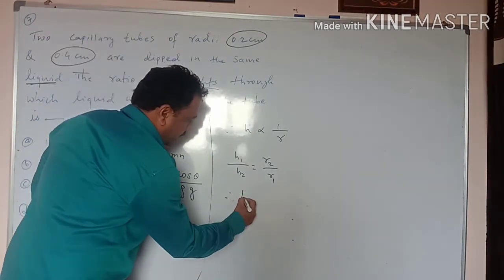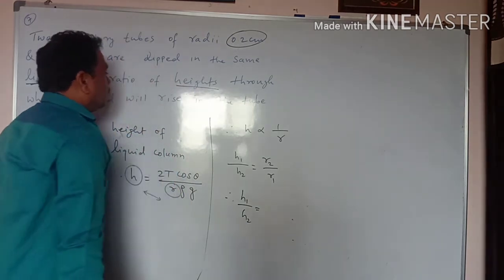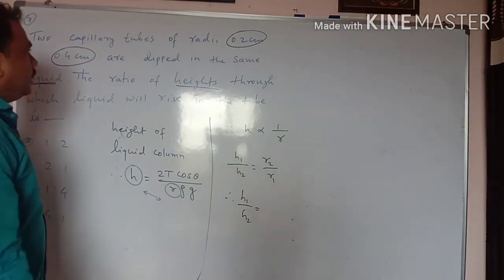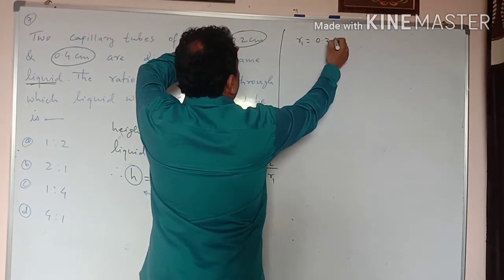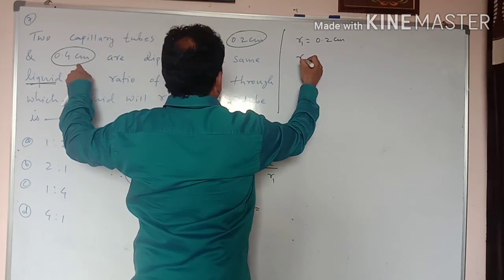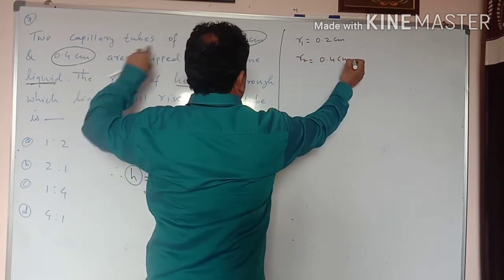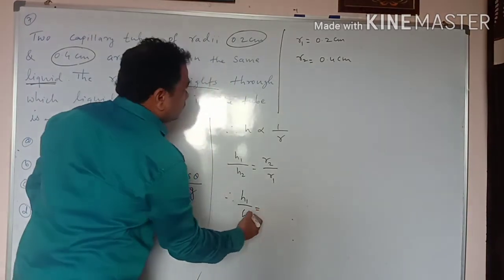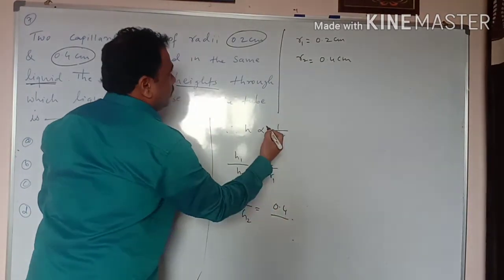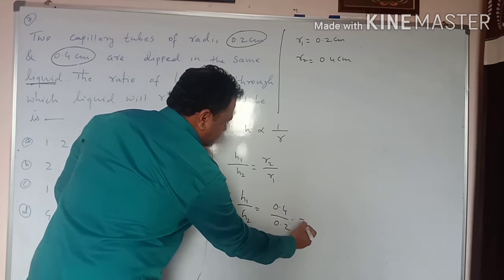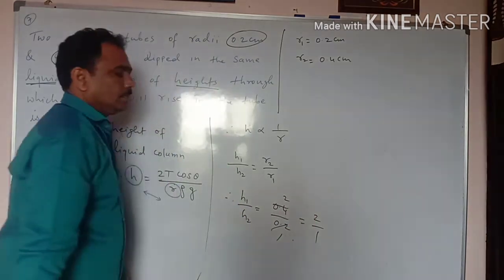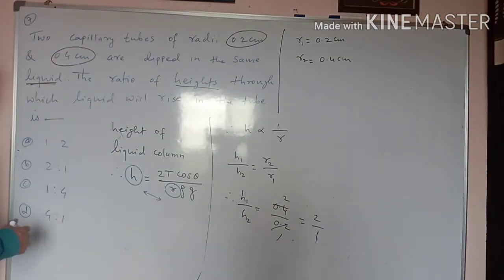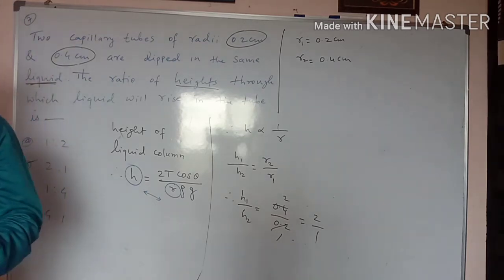So h1 by h2 is equal to r2 by r1. Given things: r1 is 0.2 cm whereas r2 is 0.4 cm. The value of r2 is 0.4 and the value of r1 is 0.2. So what is the division? The division is 2 by 1. That is, the correct option will be 2:1. Got it?